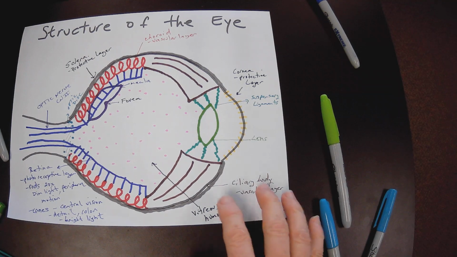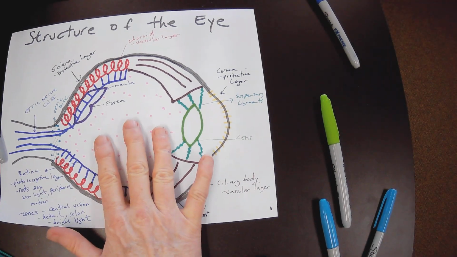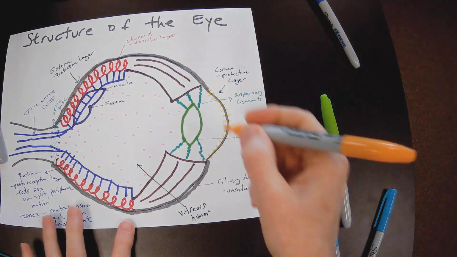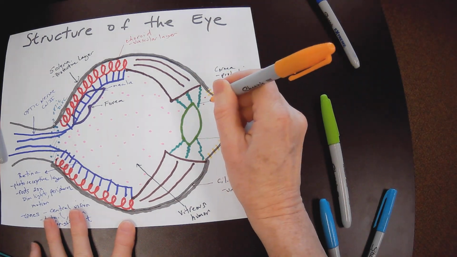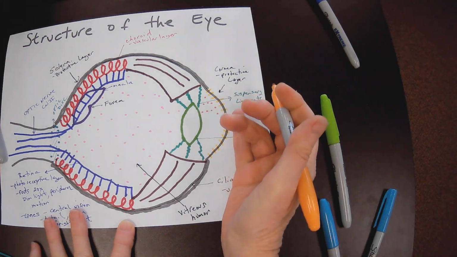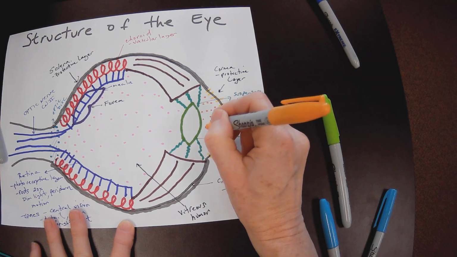Okay. Now there's one more kind of humor. The vitreous humor is a gelatinous matrix that's inside here. This is going to be more of a liquid matrix. It's just a liquid substance that is between the cornea and the lens of the eye.